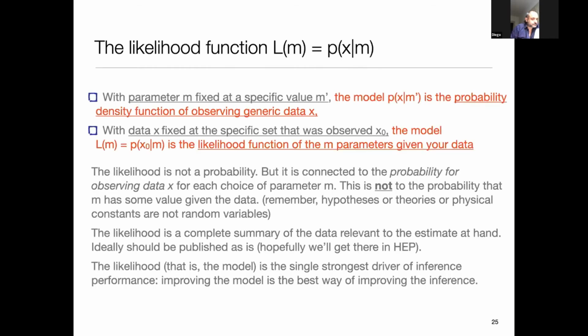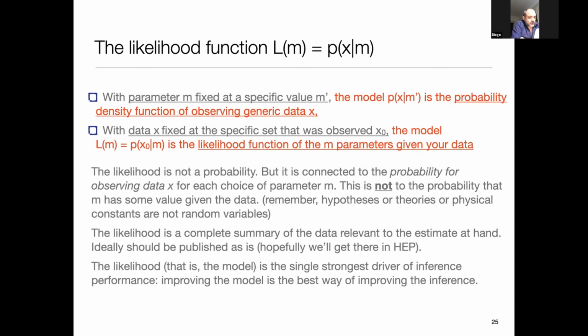So here we are introducing the concept of likelihood. The likelihood is a mathematical function, L, which is a function of the physics parameter, M. The likelihood is basically a way of looking at the model P of X given M in a way that is parametric to the data observed, X0, and is a function of the parameter M. Here you see that there is some kind of ambivalence in interpreting what the model is, right?